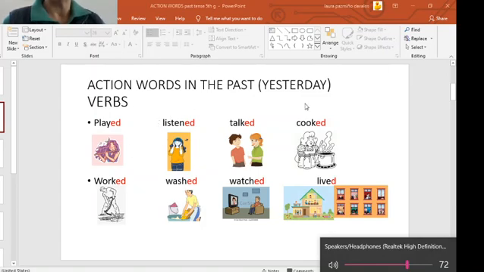Por ejemplo, one word para el past is yesterday. We can say, I played yesterday. I listened to the teacher yesterday. I talked to my mom yesterday. I cooked noodles yesterday. I worked on my homework yesterday. I washed my hands yesterday.